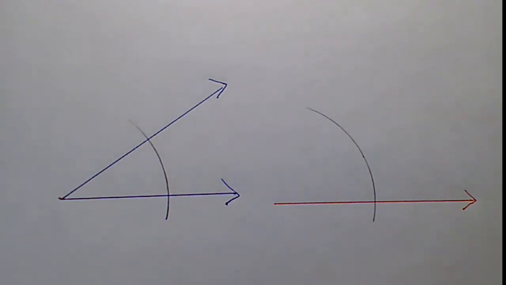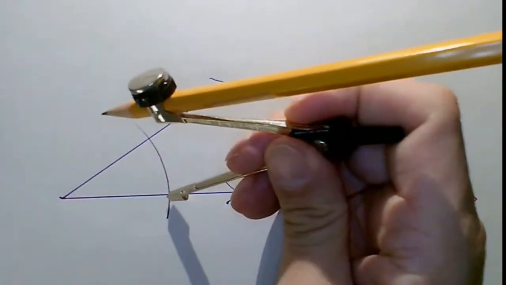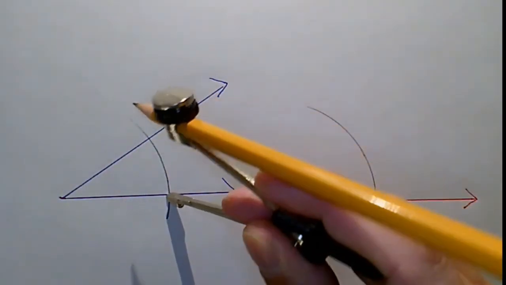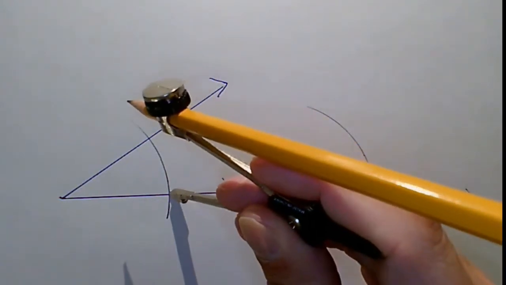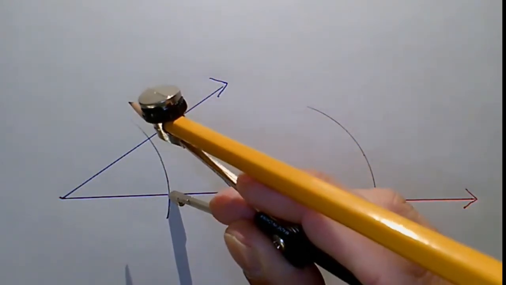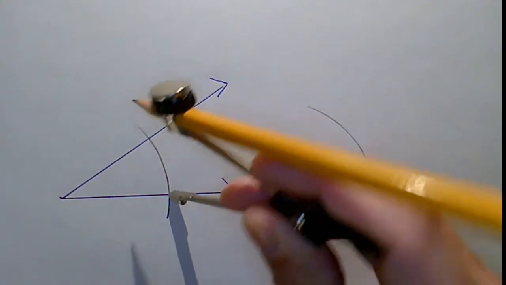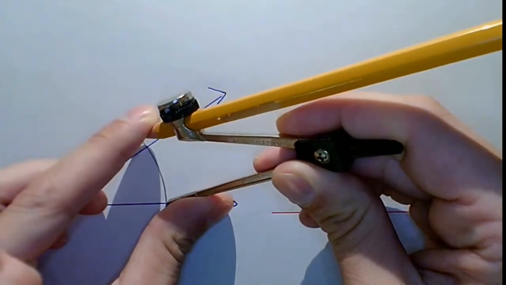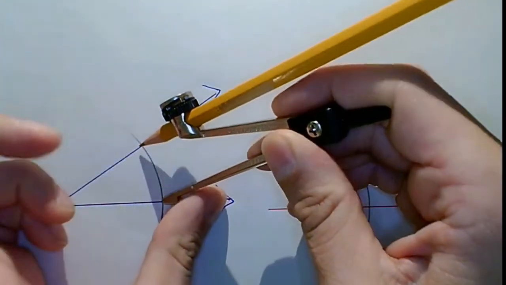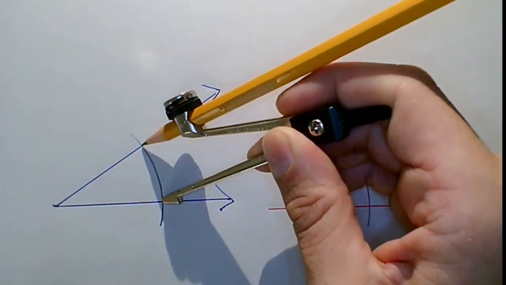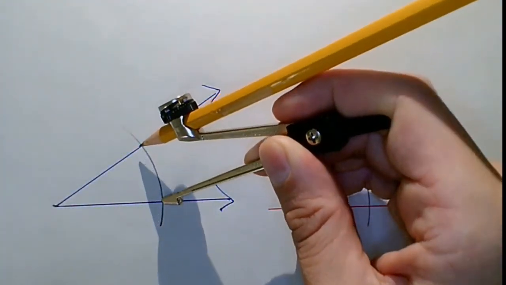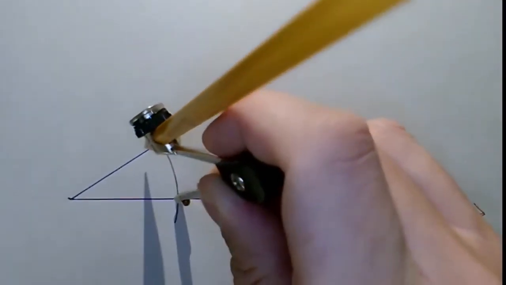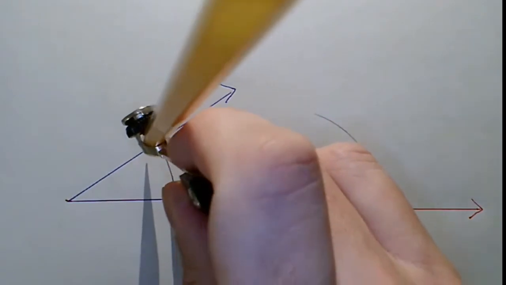I'm going to take my stabby end and put it on one, and it doesn't matter which one. I'm going to put it on one of the places where my original ray intersected my pencil curve. And I'm going to adjust my compass so that the pencil hits the other intersection. And that's pretty solid right there. I'm happy with that. So the stabby end is on one intersection and the pencil is on the other intersection.